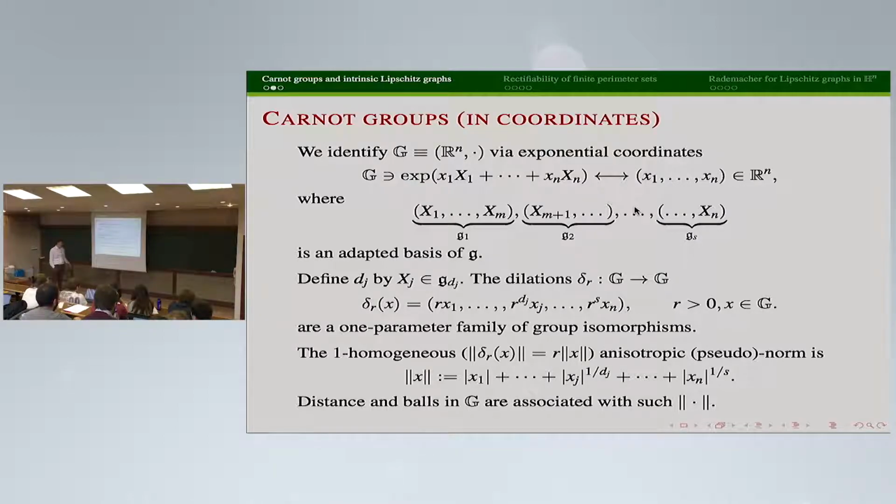Of course, it's equivalent to the Carnot-Carathéodory distance, and when speaking about distances and balls, I will mean the left invariant distances and balls associated with such a norm. You can consider any equivalent norm you like, for instance, the Carnot-Carathéodory one.